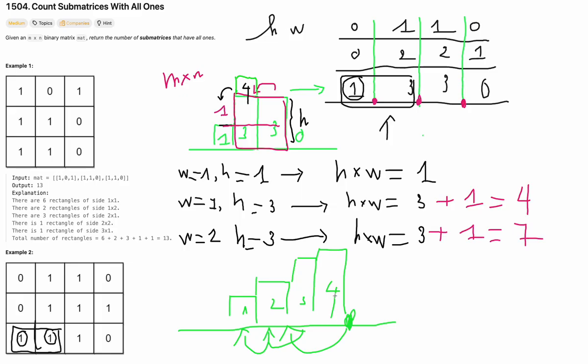So we only need to consider the nearest neighbor which has a height smaller than the current one, right? The 4 will consider the 3, the 3 will consider the 2, and the 2 will consider the 1 in here. Because we iterate in this way, if you find this one, you can add up to the next one, and so on and so forth. We can form the result.